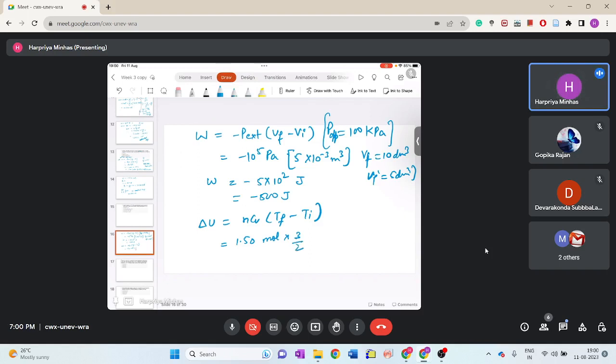Our CV is 3/2, and so this whole will be equal to the work that we calculated, that is minus 500 joules.